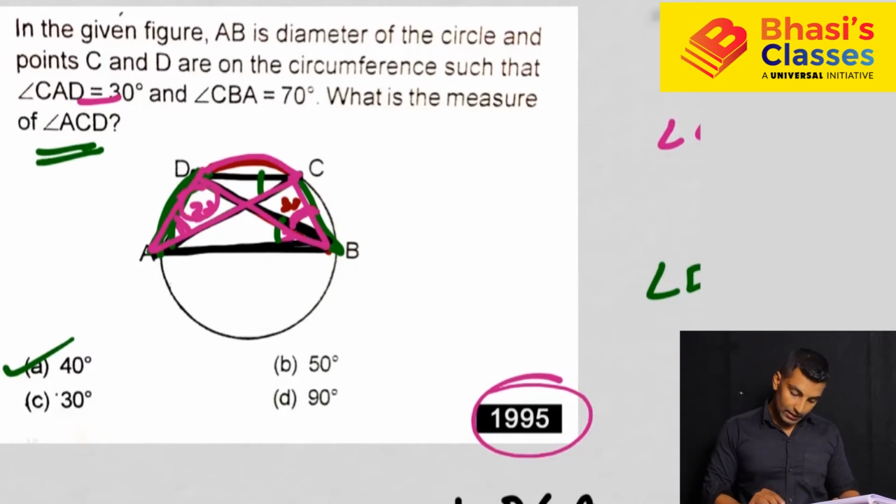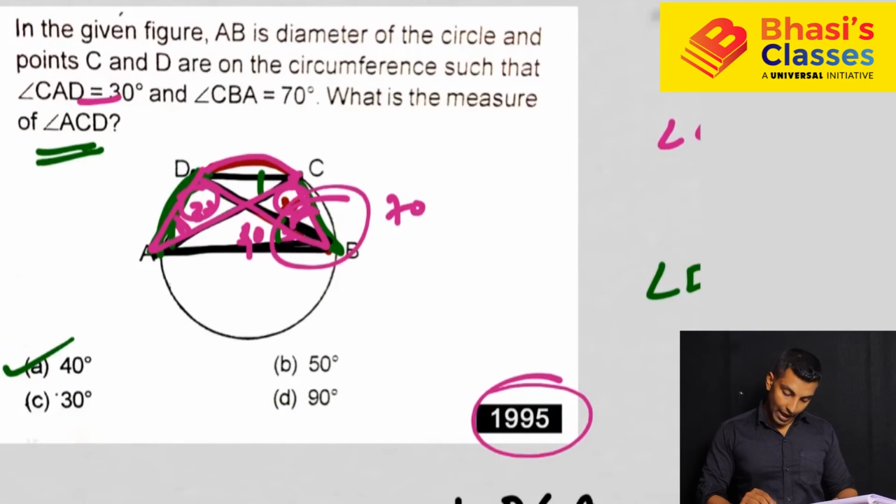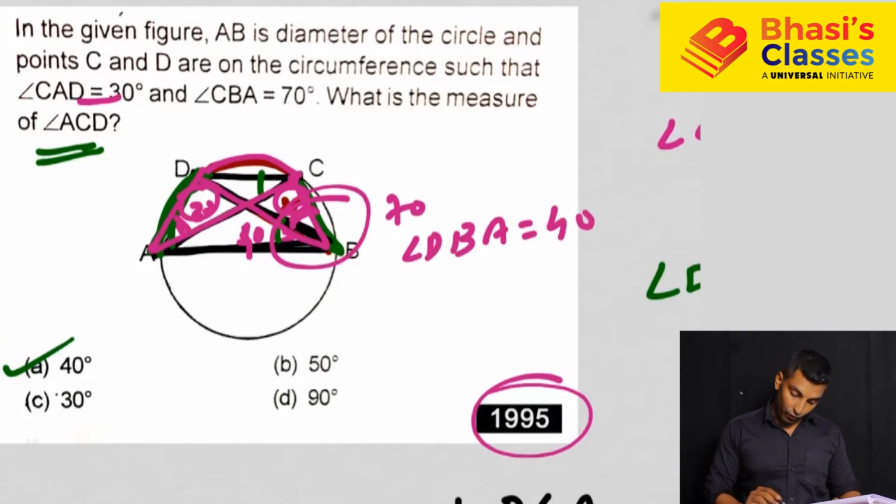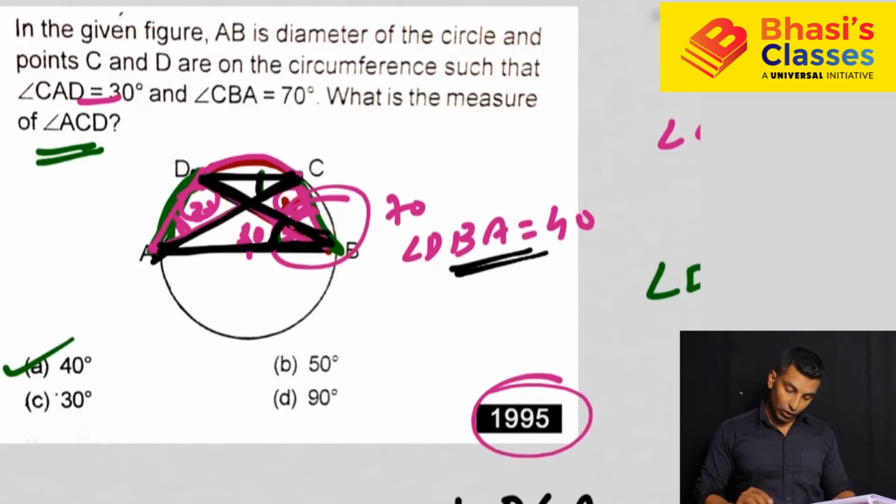When we know this as 30, we got this also as 30, and we know this total as 70, so we got this angle as 40. So angle DBA is equal to 40, DBA is coming from this arc, and ACD is also coming from the same arc. So this and this will be same, and we know DBA is 40, so ACD will also be 40.